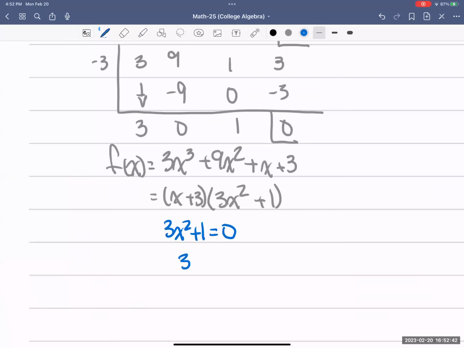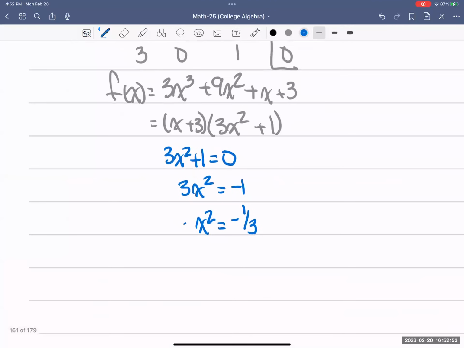And actually we could just solve for x. Solve for x again: x squared equals -1/3. And from here, we take the square root of both sides. Yeah, these aren't going to be rational, but we could still factor. So x is equal to plus or minus the square root of -1 over the square root of 3.